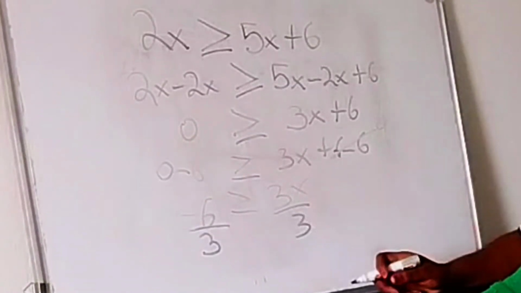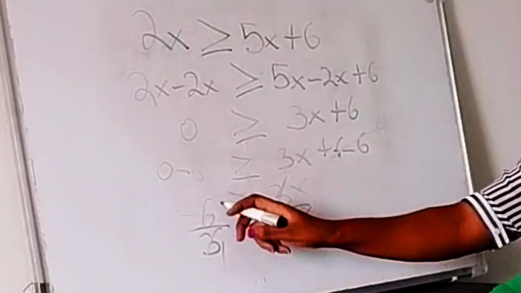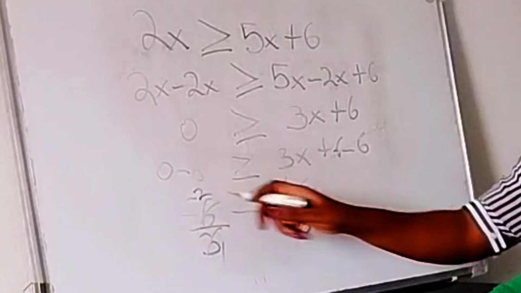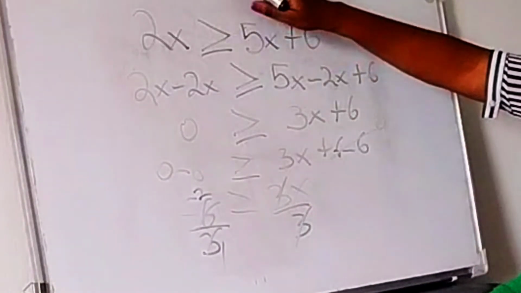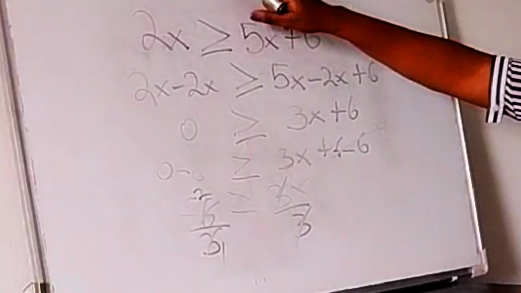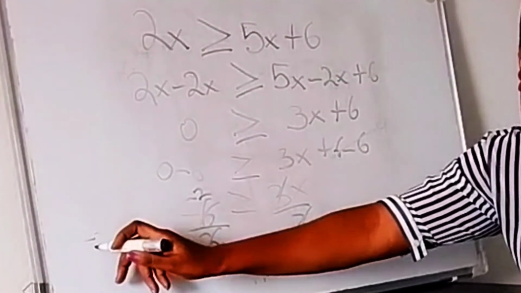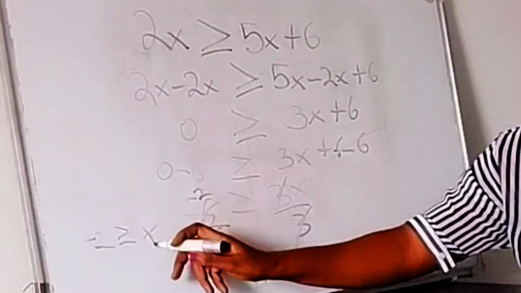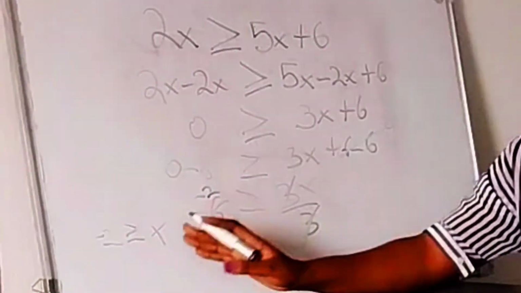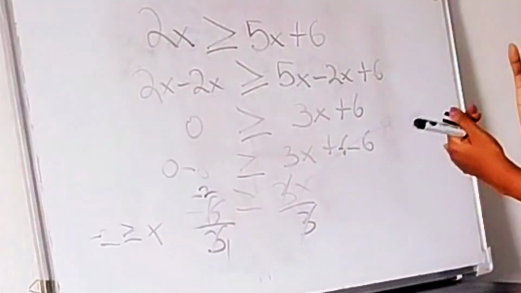So this will cancel this. 3 goes here 1, 3 goes here 1. Minus 2. So we have, let me move it up here so you see clearly, minus 2 is greater than or equal to x. Now remember, x is supposed to be on this side, so we're going to flip it over like an inverse.